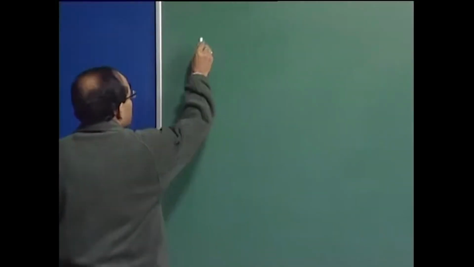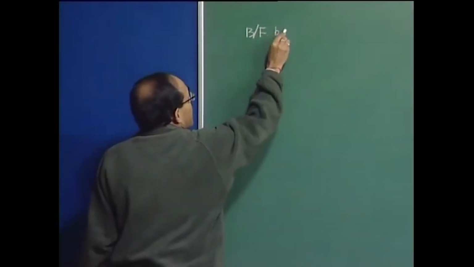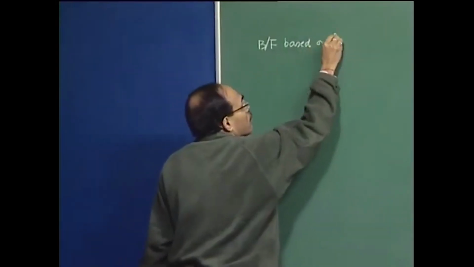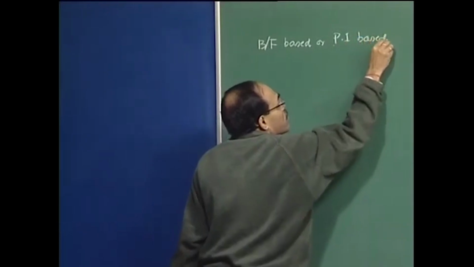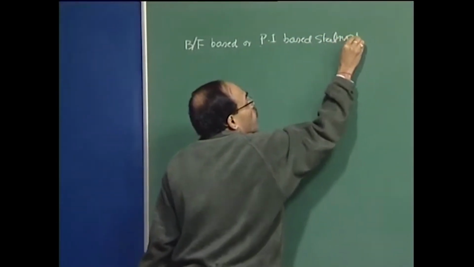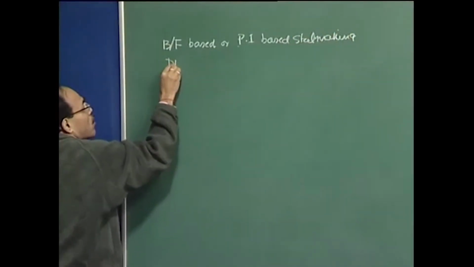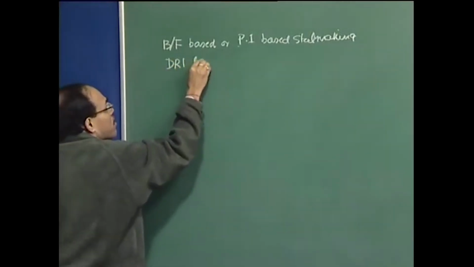So, blast furnace based steel making, I will write it like this: blast furnace based steel making or pig iron based steel making. And then we have DRI, which is called direct reduced iron, DRI based.